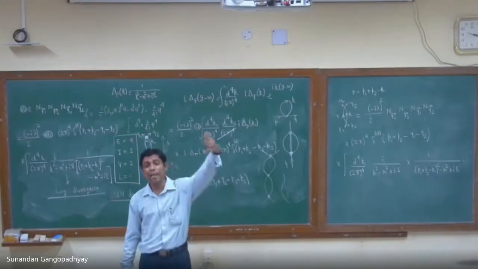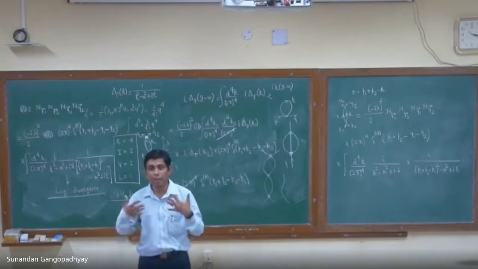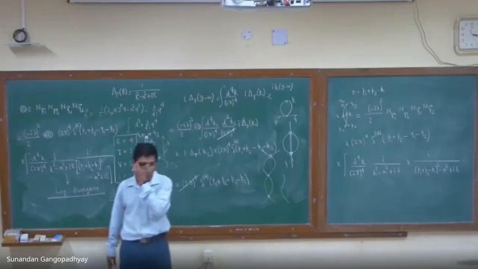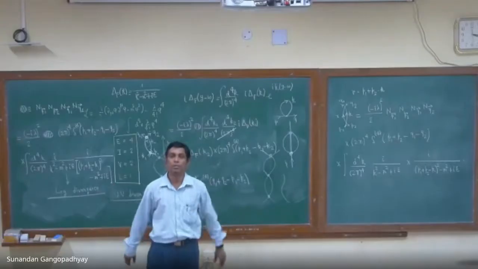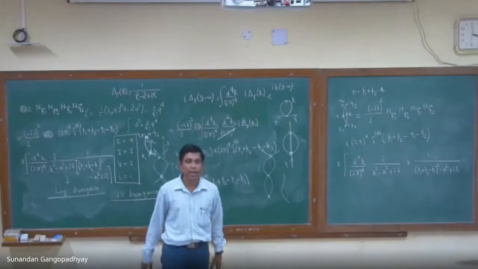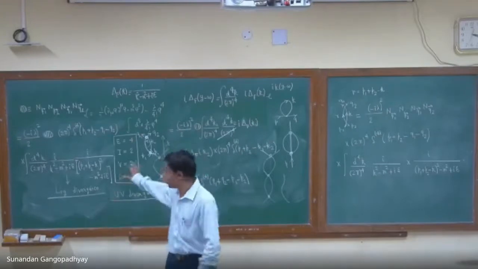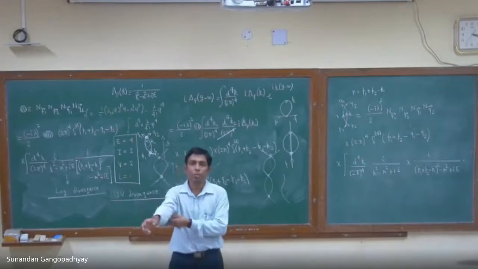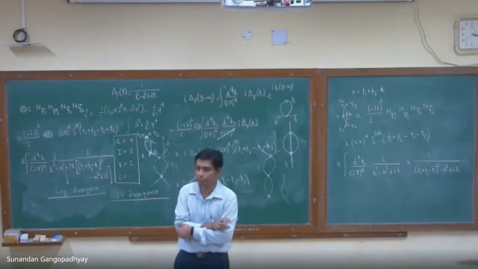So at very high energies, large momentum, large energy, small wavelength, these corrections are divergent, and that is why we call it an ultraviolet divergence.